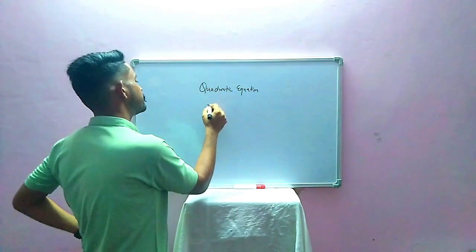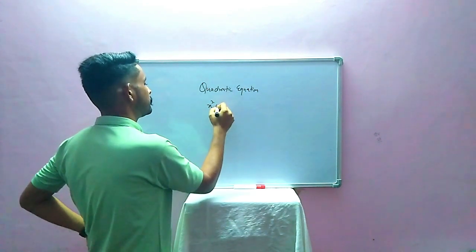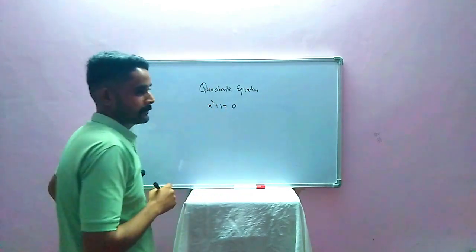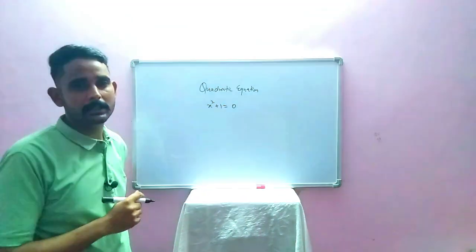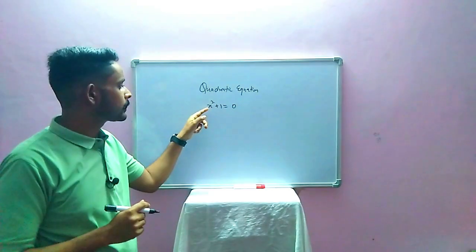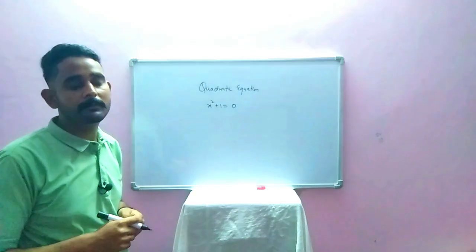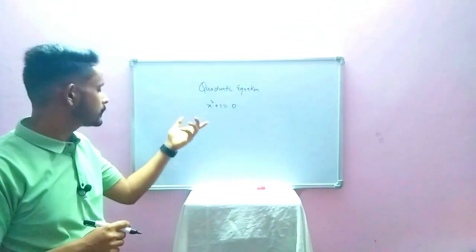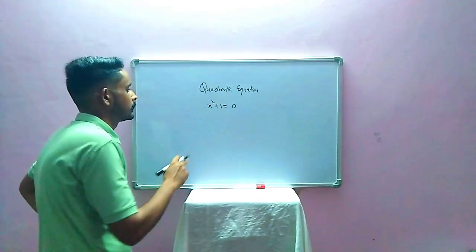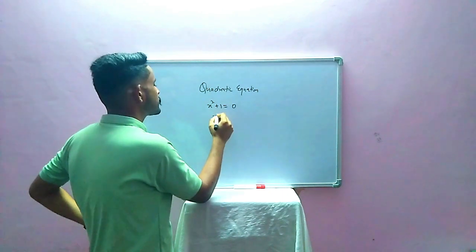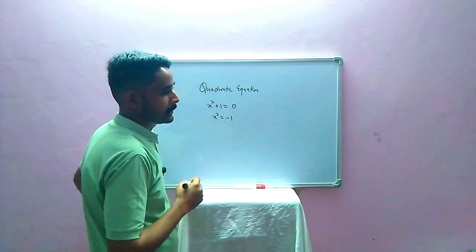Suppose we take an example x square plus 1 is equal to 0. This is a quadratic equation in which the coefficient of x square is 1 and the power of the variable is 2. That's why this is a quadratic equation. And the second step, x square is equal to minus 1.